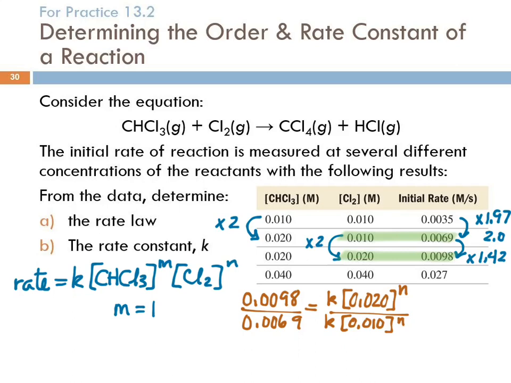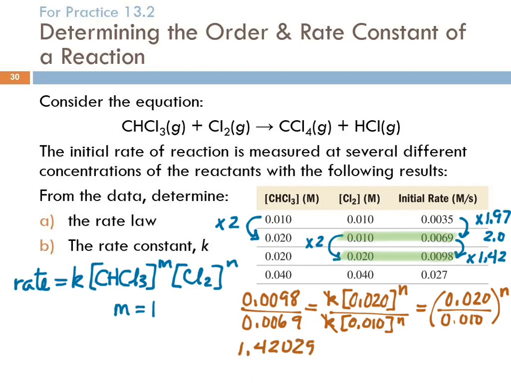So the k's cancel out. Those go away, and this is equal to 0.020 over 0.010 to the n power. So we actually already did this, and it came out to be 1.42029.